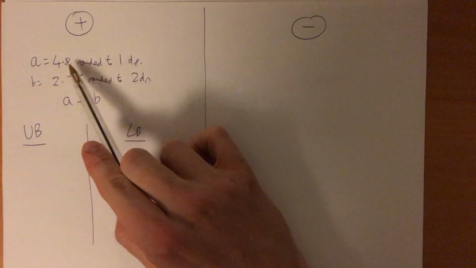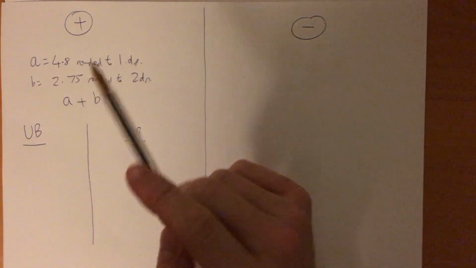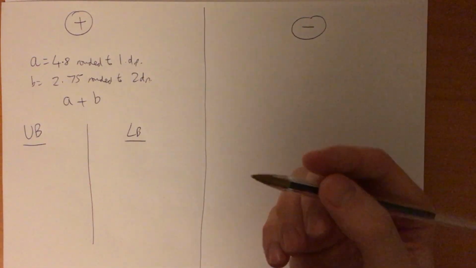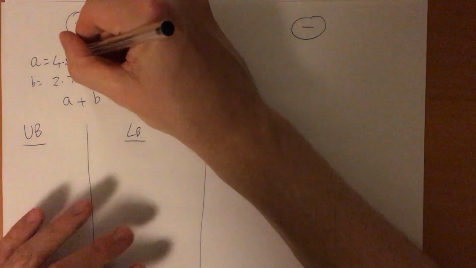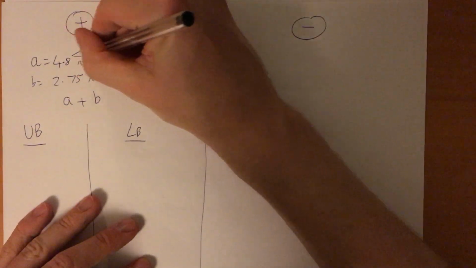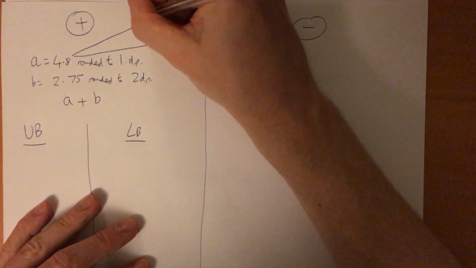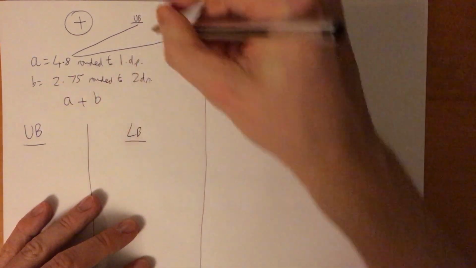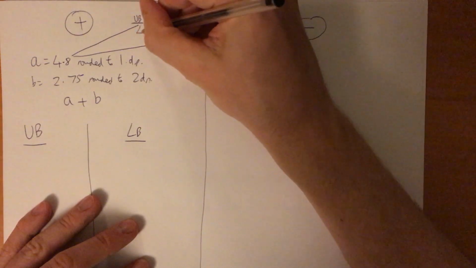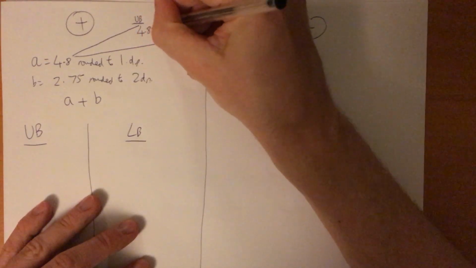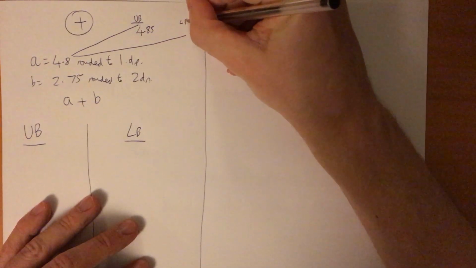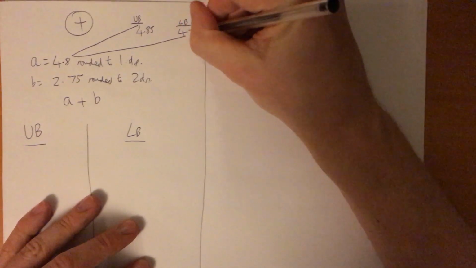Now, if 4.8 has been rounded to one decimal place, to make our life easier here, we basically want to write out what the upper and the lower bound is of 4.8. So, the upper bound of 4.8 rounded to one decimal place, from the last video, you should know, is 4.85, and the lower bound would be 4.75.